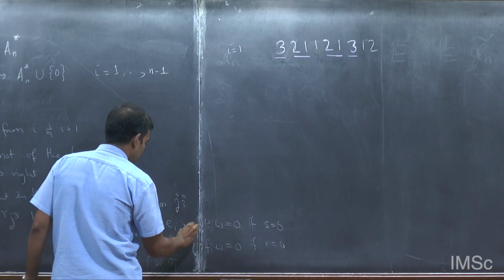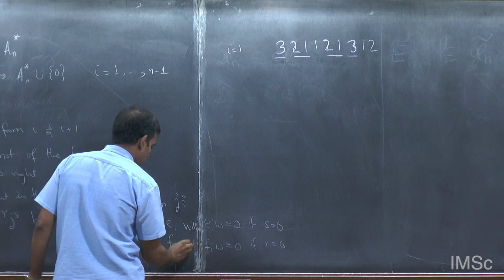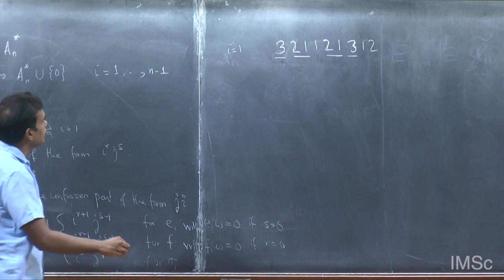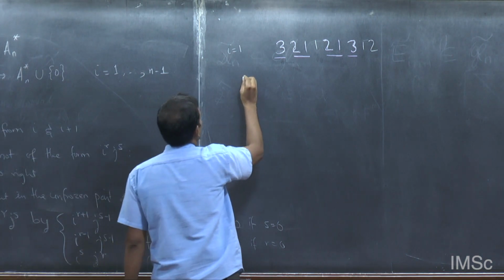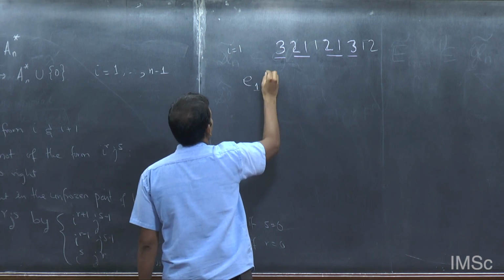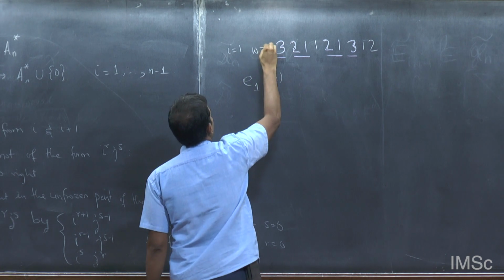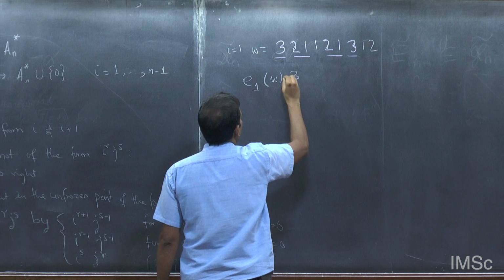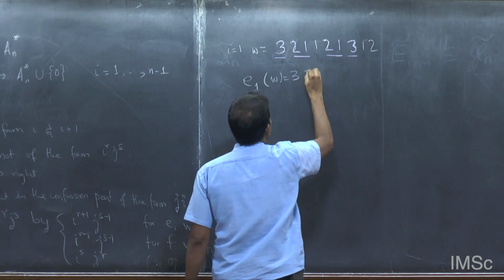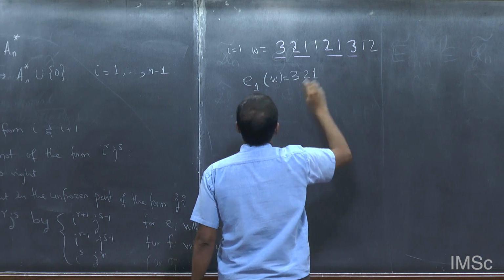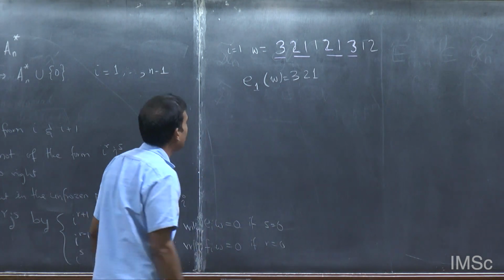So, let us say with E_i equal to 0, with F_i equal to 0. So, let us just apply it here. So, what do we get? So, we get E_1 of w equals, so the unfrozen part remains the same 3, 2, 1, and then this frozen part for E_i I have to increase the i.